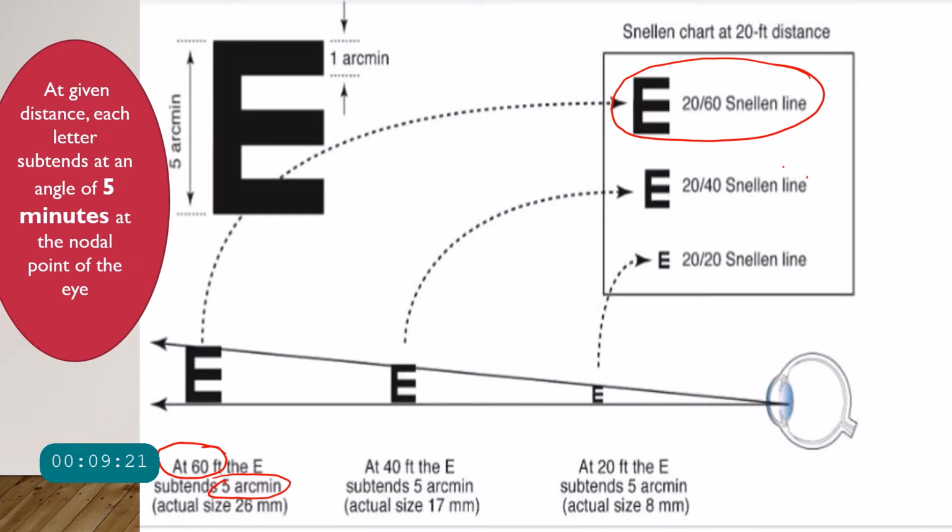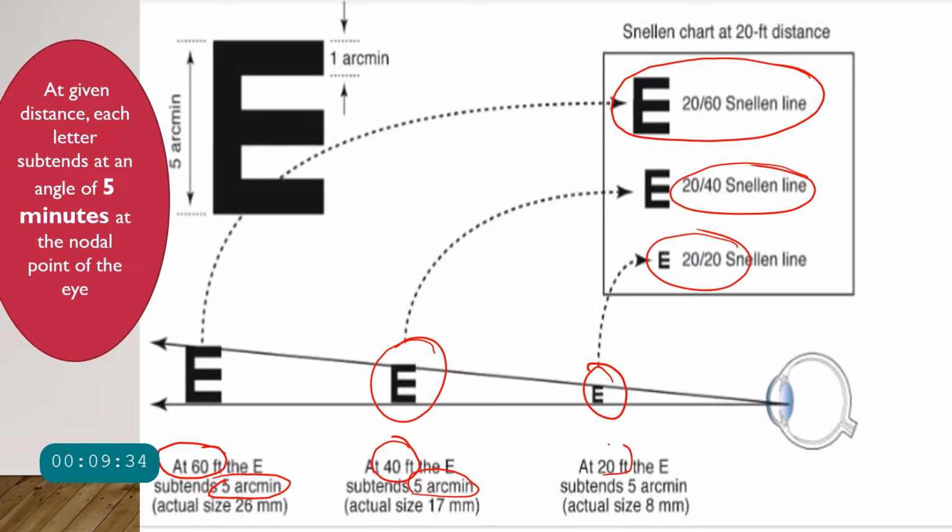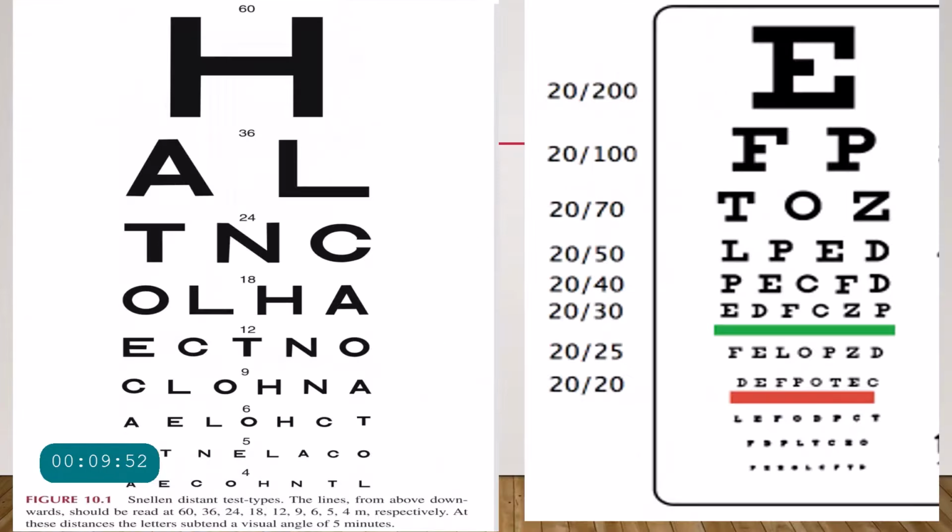And 20 by 40 means that this letter will subtend an angle of 5 minutes of arc at a distance of about 40 feet, and this small letter, that is 20 by 20, will subtend this at 20 feet. That is very important. So each letter is going to subtend that angle of 5 minutes at a particular distance only, and that distance is represented in the denominator of the chart.